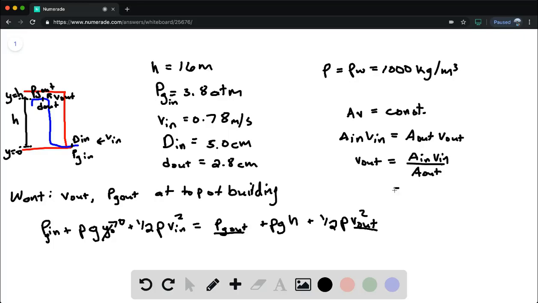We're not told the areas, but we're told the diameters of these pipes. Since it's a diameter, it must be circular. And the area is pi r squared, where r is the radius. So that's the diameter over 2, squared.